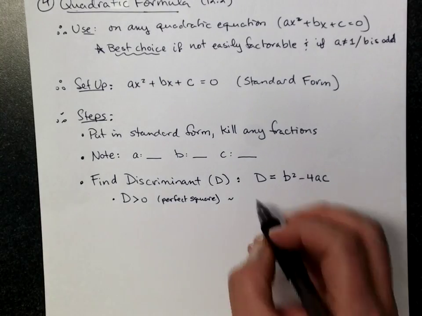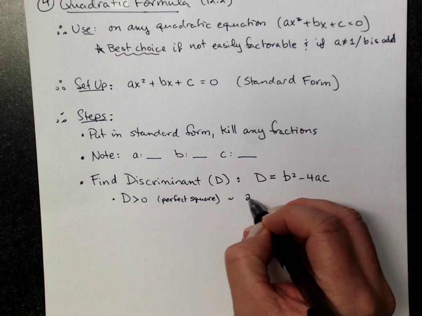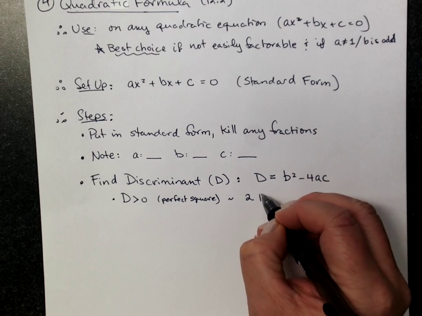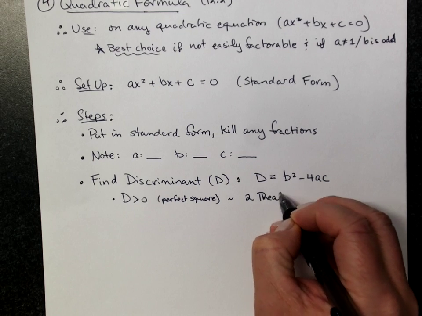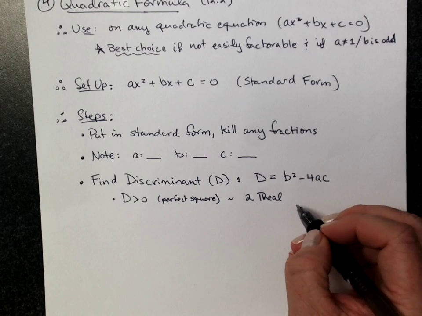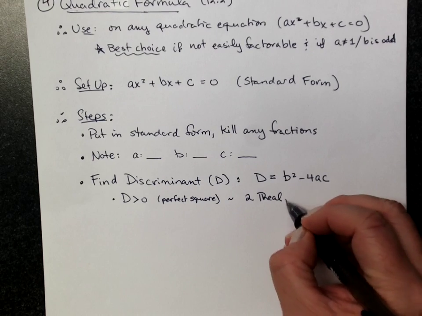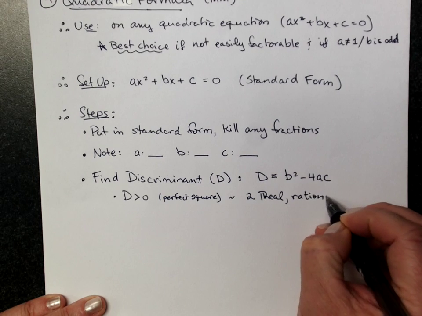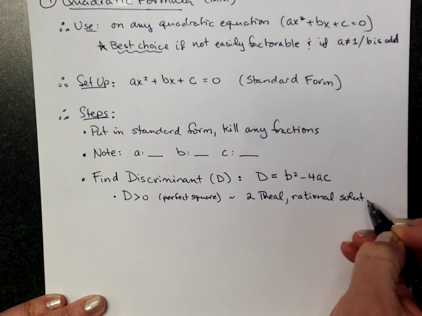So if you have a positive D that is a perfect square, you have 2 solutions, and they're going to be real solutions because it's a positive radicand, not negative. And because it's a perfect square, they're also going to be rational solutions, meaning no more radical.